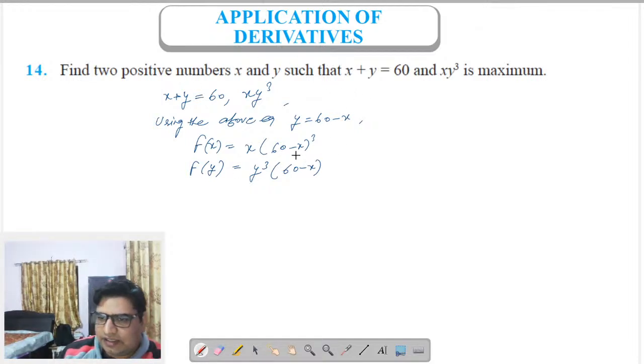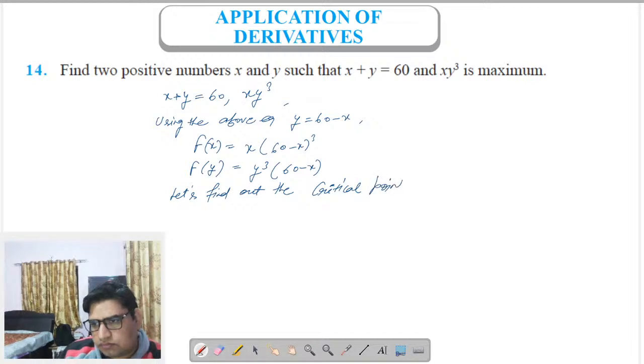Okay, and in the first case we'll have to apply the cube formula, and in the second case we will get away from it. Okay, so let's find out the critical point where f dash y is equal to 0.